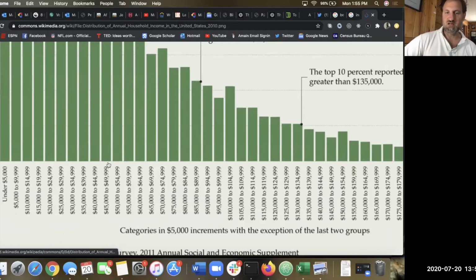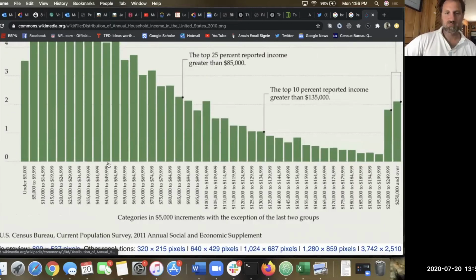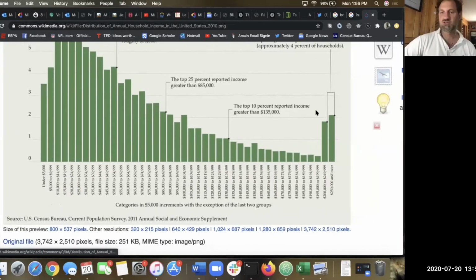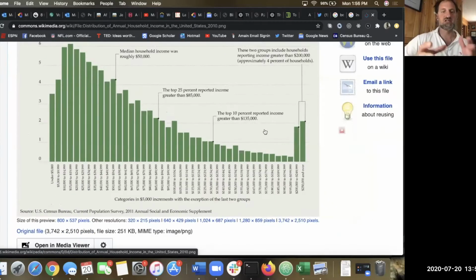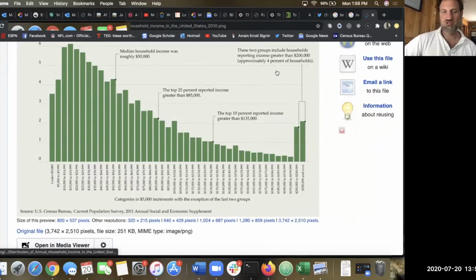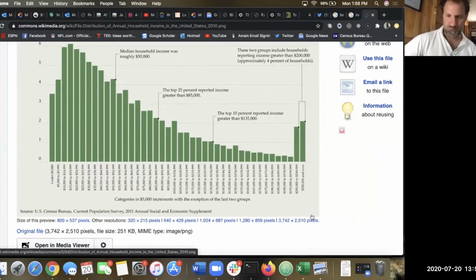Because if we did it more specific, it would just be way too fractured. So it's a way of kind of smoothing out the data, grouping people together. And there are some choices that you can make in there that will impact the way that the picture looks.